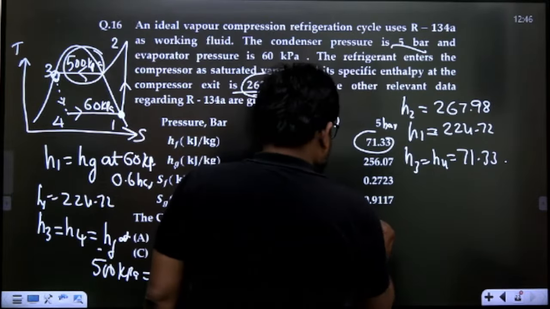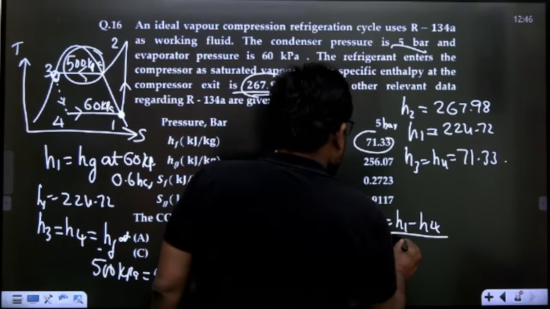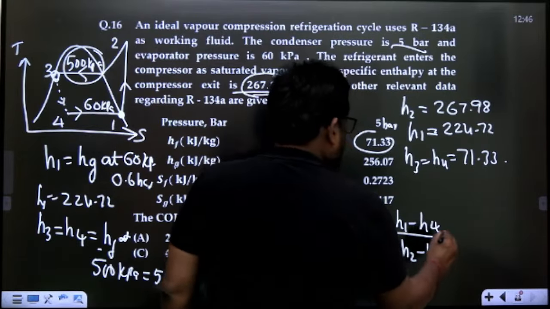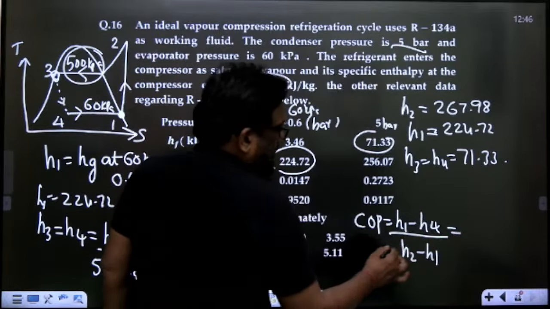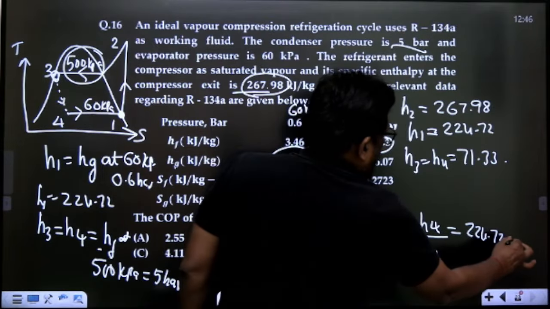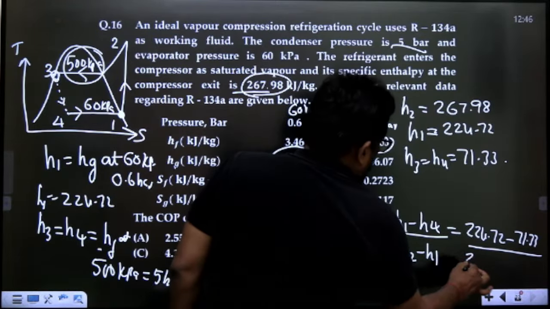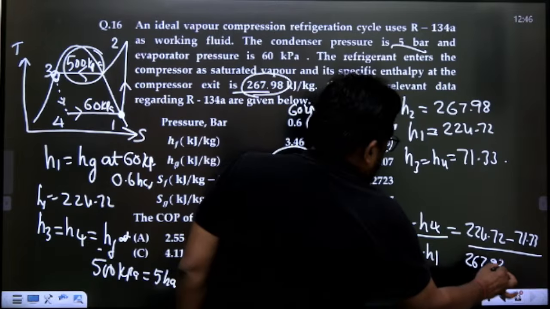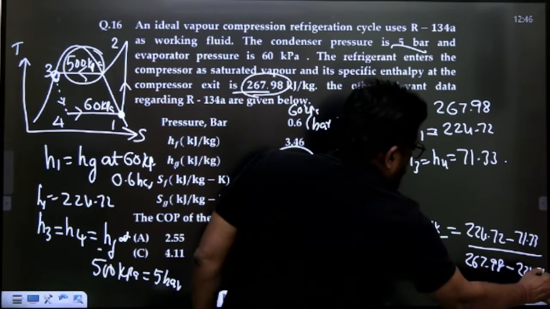Now see, what is COP, sir? He is asking COP. COP is (H1 minus H4) by (H2 minus H1). Put the value. H1 is 224.72, minus H4 is 71.33, by H2 is 267.98 minus H1 is 224.72.